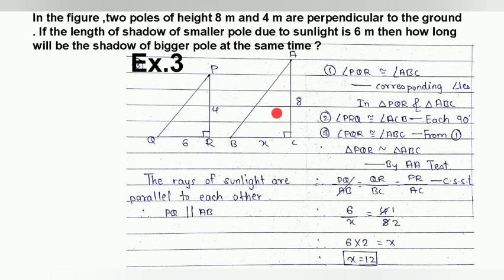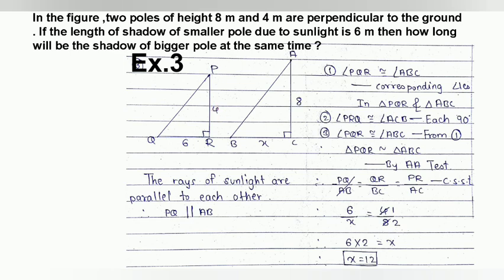In this figure, two poles of height 8 meter and 4 meter are perpendicular to the ground. See here, these are PR and AC. These two poles are perpendicular to the ground, of length 4 meter and 8 meter.